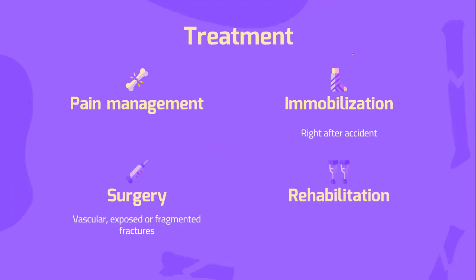And right after that, when we have fixed this fractured bone, we have to take our patient to rehab. That is how we usually call it, right? Rehabilitation, to make the patient go back as close as normal, as previous to the accident.